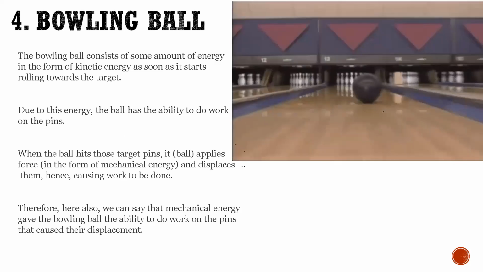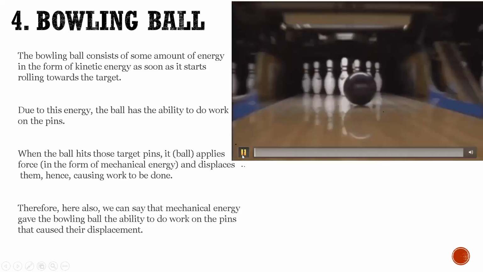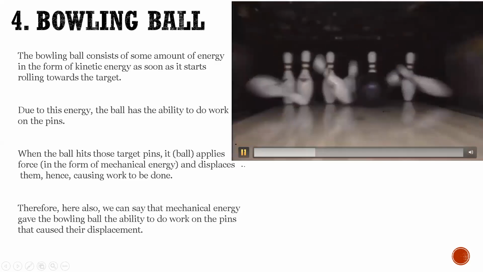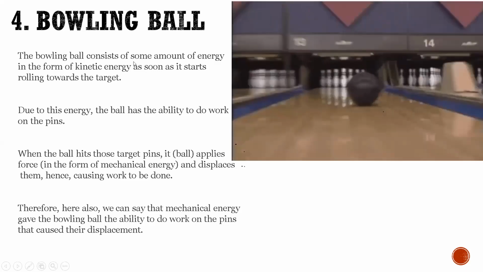This is the bowling ball that hits the target pins. I will repeat it. Now, the bowling ball has some amount of energy in the form of kinetic energy as soon as it starts rolling towards the target.